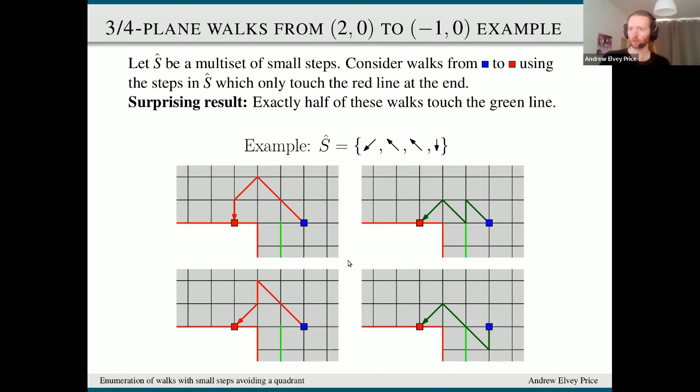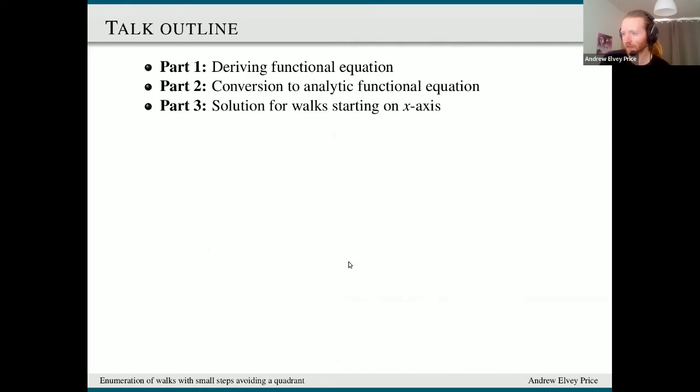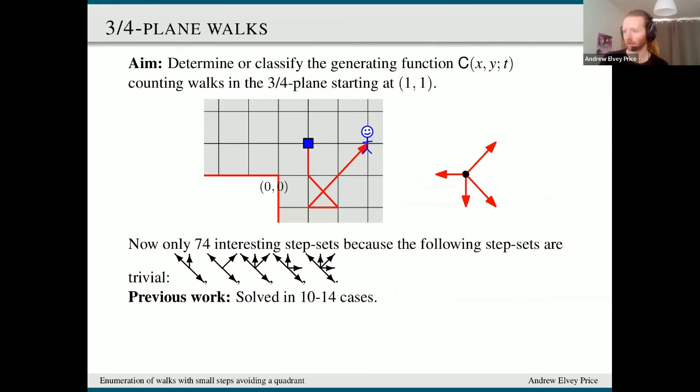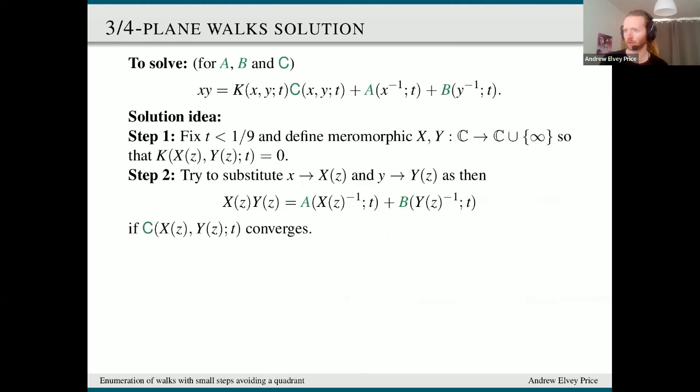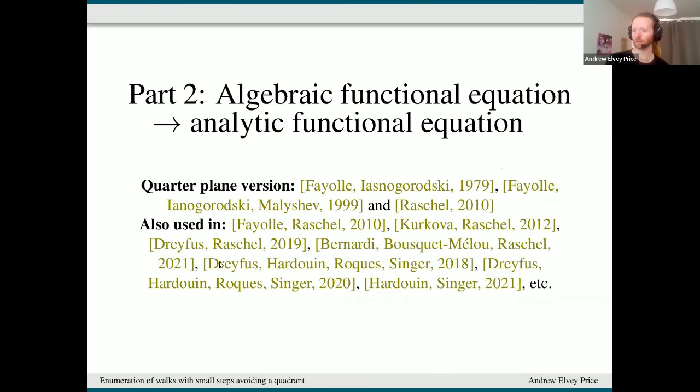Yes, so we rely on the methods. I would say if you perfectly understand all of these papers that relate to walks in the quarter plane, then it's quite easy to use the same methods for this functional equation.